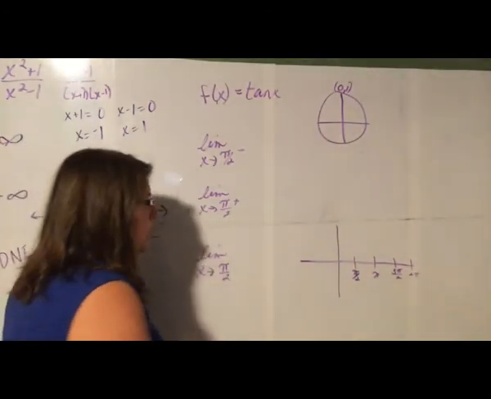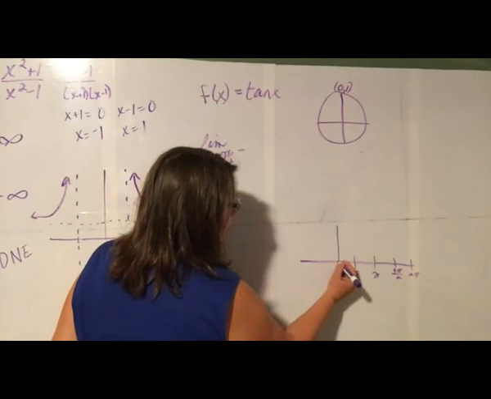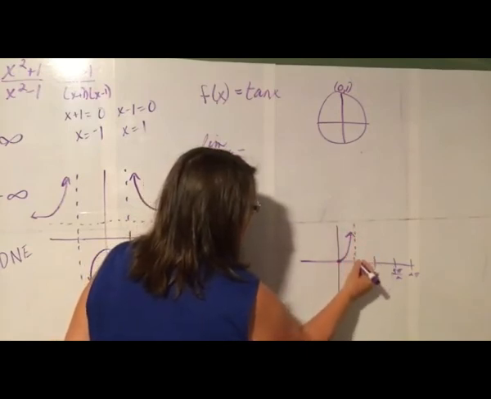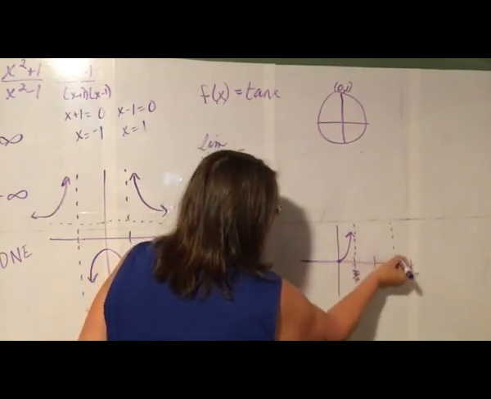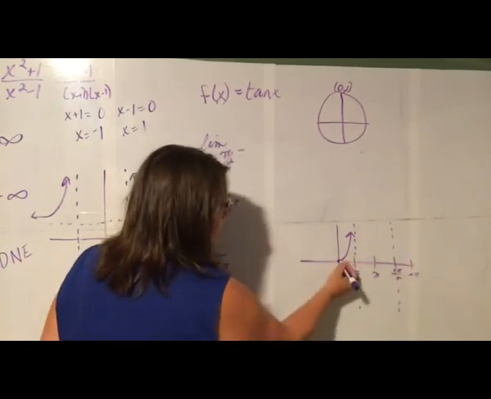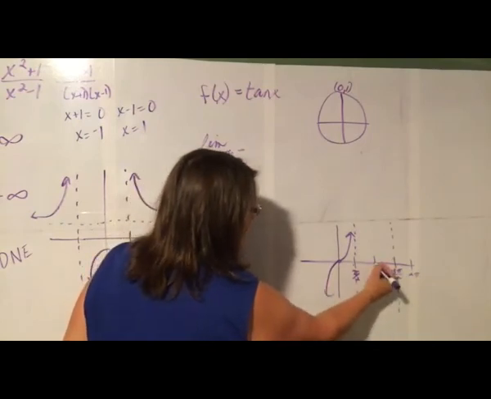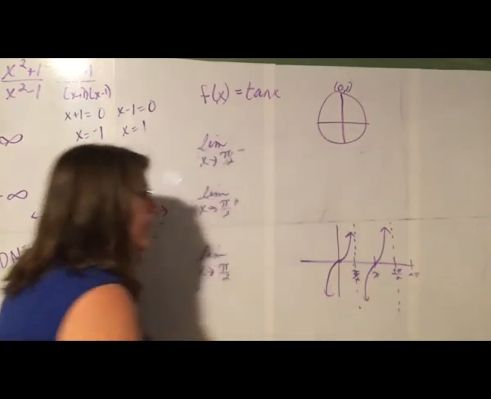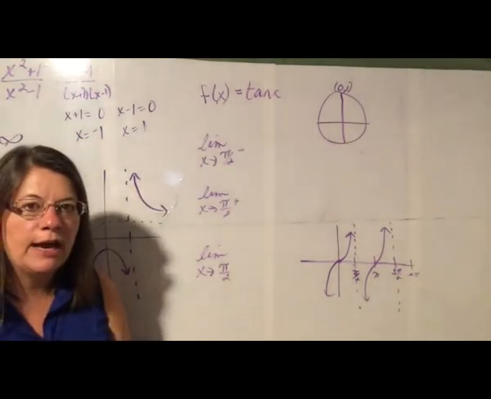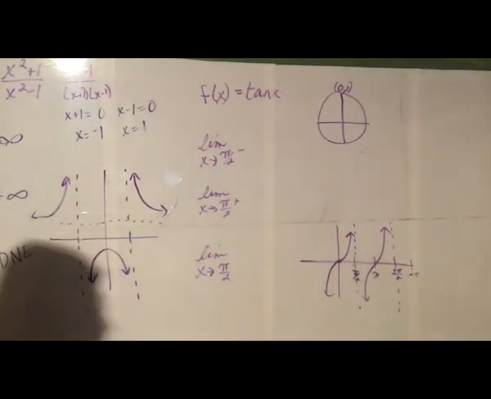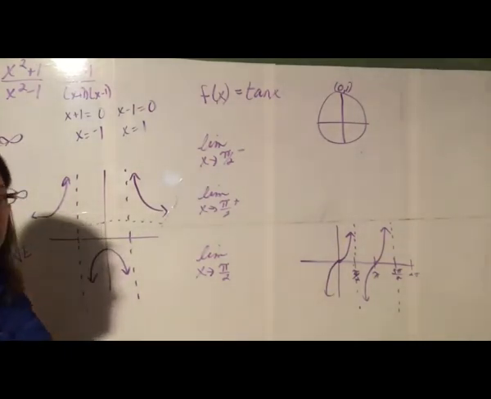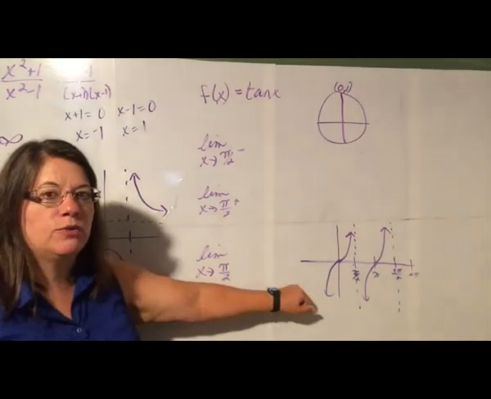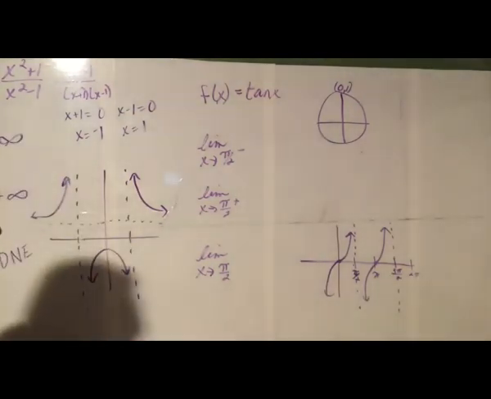Your trig function started here, goes up toward the asymptotes, and remember you have asymptotes at all of your pi/2 values, and then it goes down in that direction. It's 0 at pi, goes up in that direction and down in that direction. If you don't remember that, search online for graphing trig functions on a coordinate system, and hopefully you can find something that will explain where those things came from. If you have me in class, though, we have reviewed this already, so you should be good to go there.